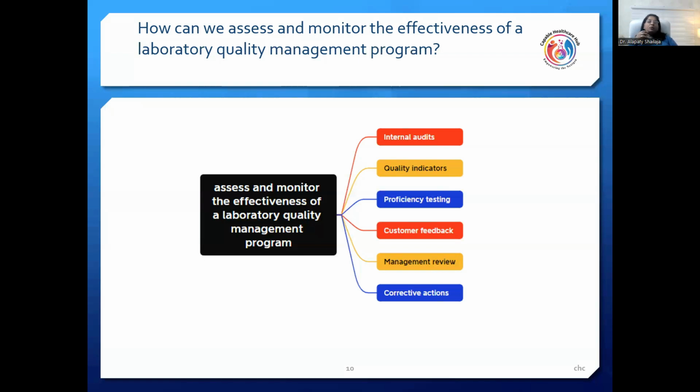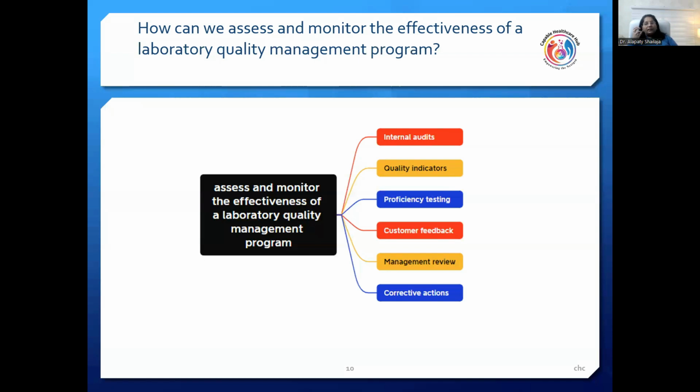Anybody and everybody cannot become auditors. There is a pattern by which you systematically go about auditing. That training has to be imparted to all the auditors. And second, the auditor should not be from the same department. As I said, you're the accused, you cannot be the judge. They should be from another department.